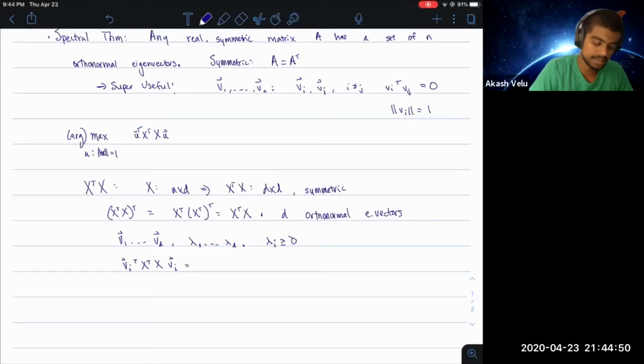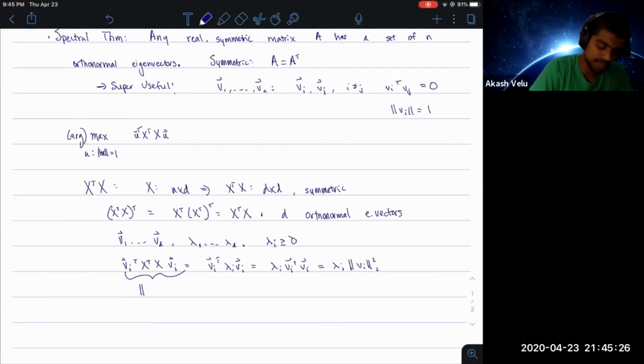Okay, so this is the same as Vi transpose lambda i Vi, because remember that Vi is an eigenvector of X transpose X. So we use the definition of eigenvalue and eigenvector. Lambda i is a scalar, so we can pull this out. So we get lambda i Vi transpose Vi, which is the same as lambda i times norm of Vi squared.